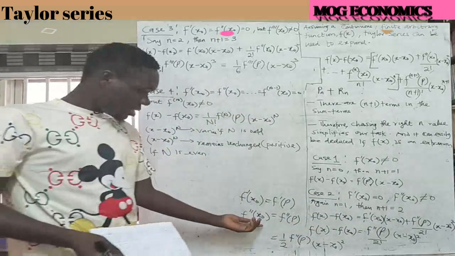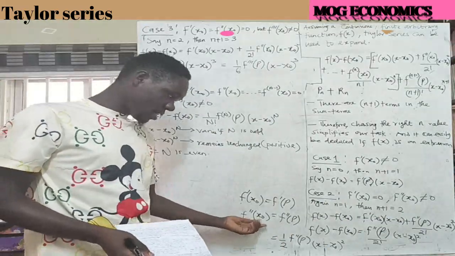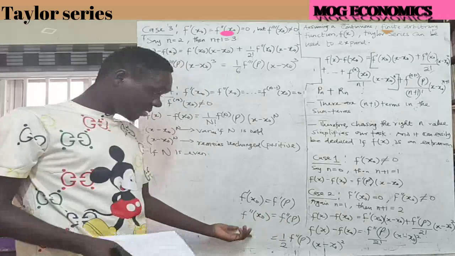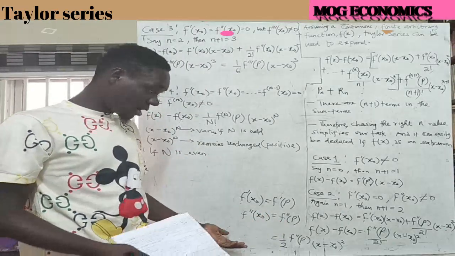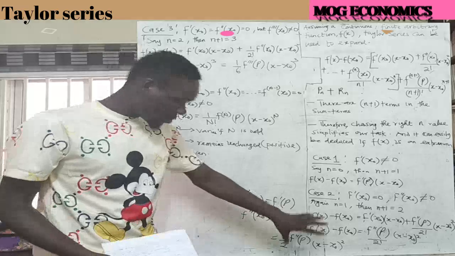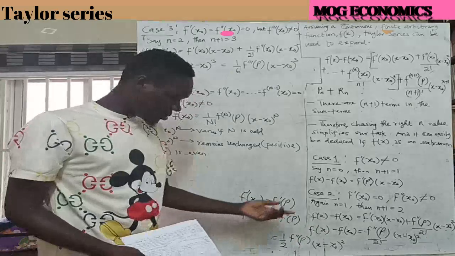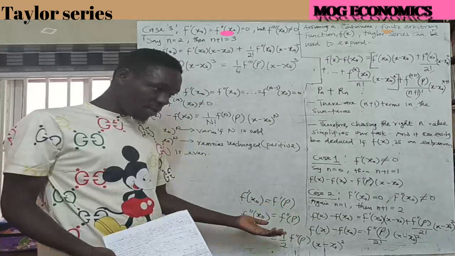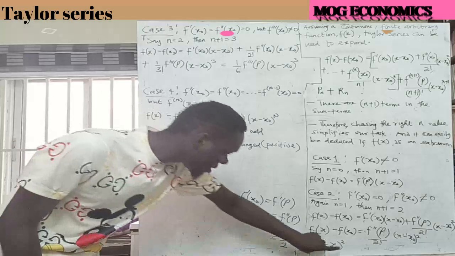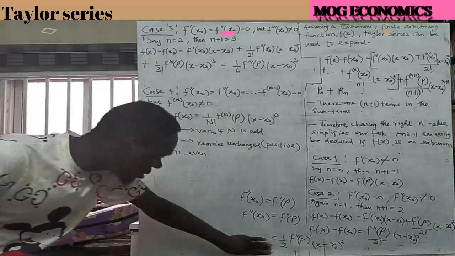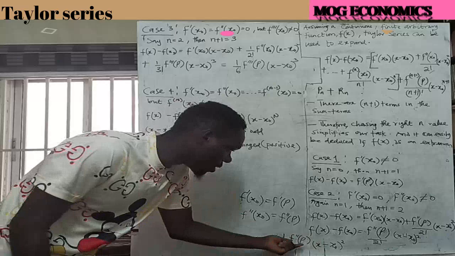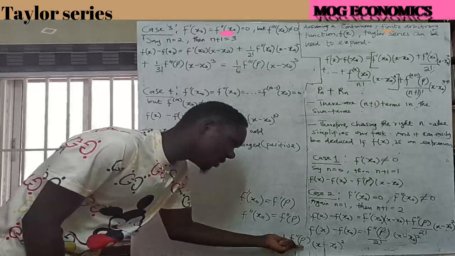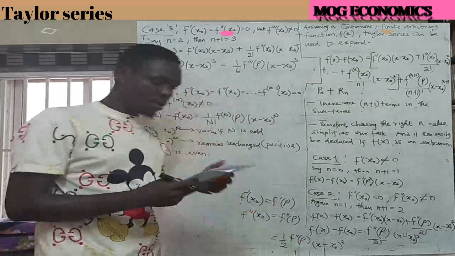So if this is less than 0, that is negative, that will be a maximum. And if this is greater than 0, that will be a minimum. So the sign of this result will depend on whether this is greater than 0 or less than 0.